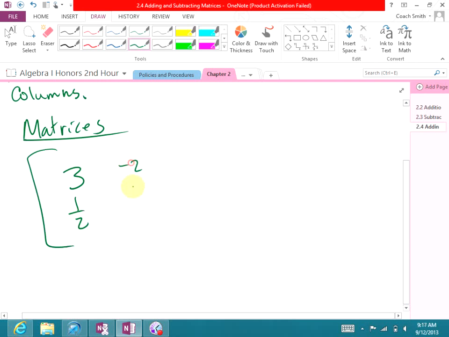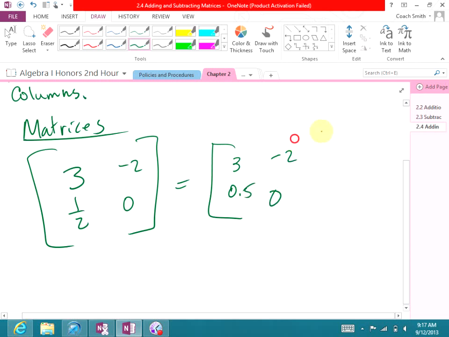And then you have -2 and 0, and it's in a big bracket or a grouping symbol, okay? Now, the ones they have given us here, okay, these are two equal matrices simply because of the corresponding positions.